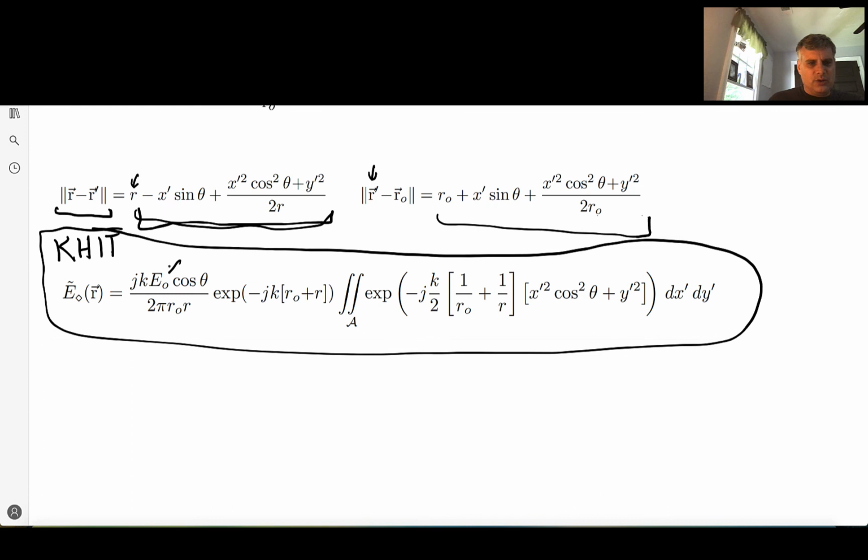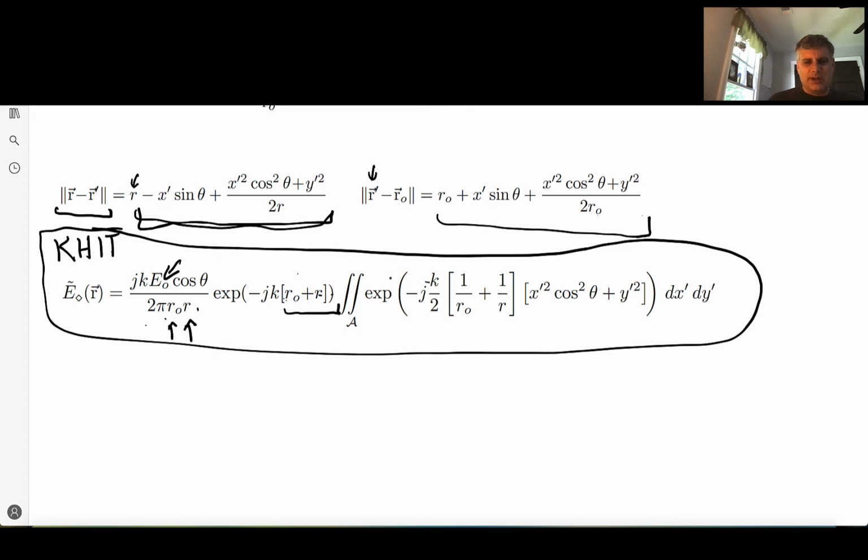It's going to depend on the amplitude. There's going to be falloff with respect to the distance from source to aperture and from aperture to point of observation. There's going to be a phase term, and the dominant phase behavior is going to be just the sum of the distances traveled.